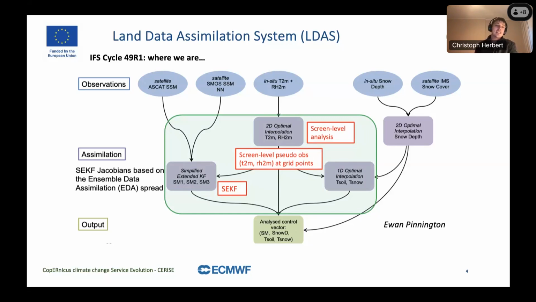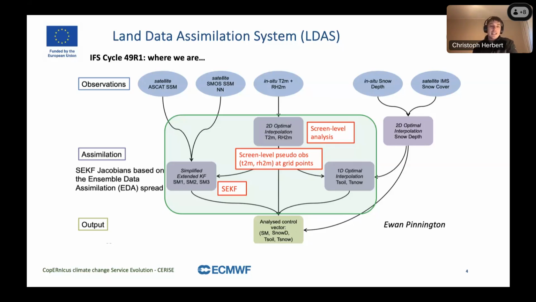And these are then assimilated into our land data assimilation system, for example our simplified extended control vector to produce soil moisture, or here the one-dimensional optimal interpolation to produce soil temperature and snow temperature.